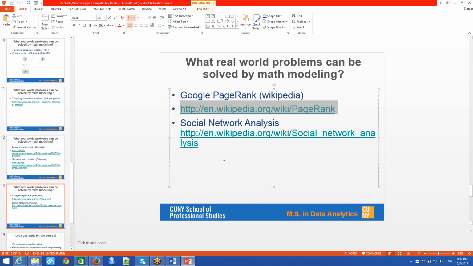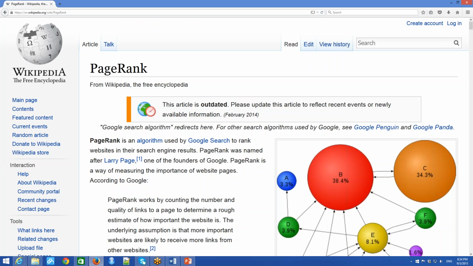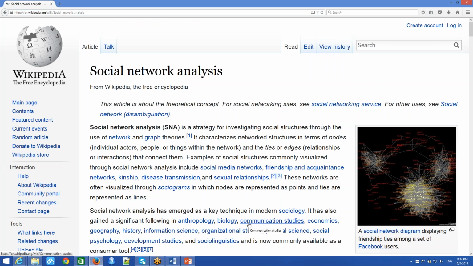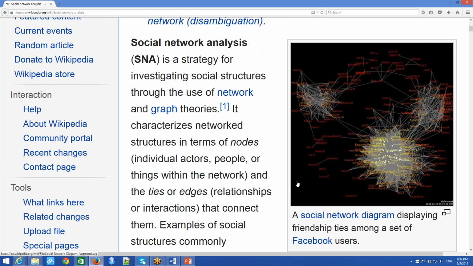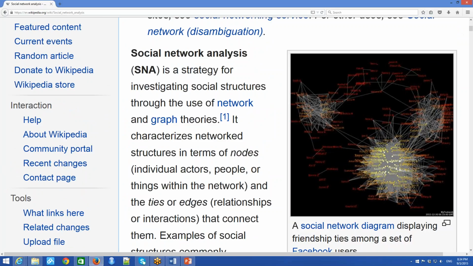Okay. And then, with that said, a very interesting application of network problem too is social network analysis. So suppose that we can model each individual person as a node, and then the connection between people would be the link.